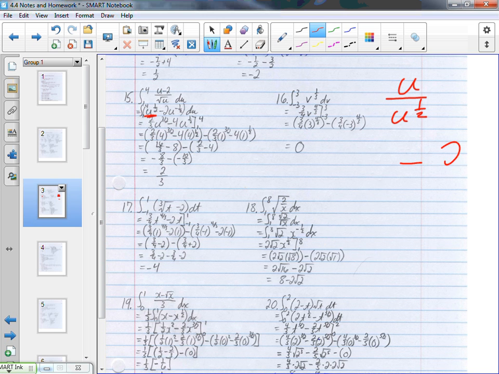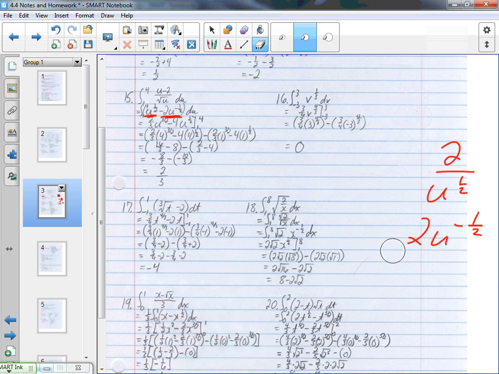Then I've got negative 2 divided by u to the 1/2. Well, there's really no division to do. Just rewrite that as negative 2u to the negative 1/2. That gets me there. I can take the antiderivative of each of those terms. So using the power rule, add 1 to the exponent, make it a 3/2, divide by the new exponent; dividing by 3/2 is multiplying by 2/3.